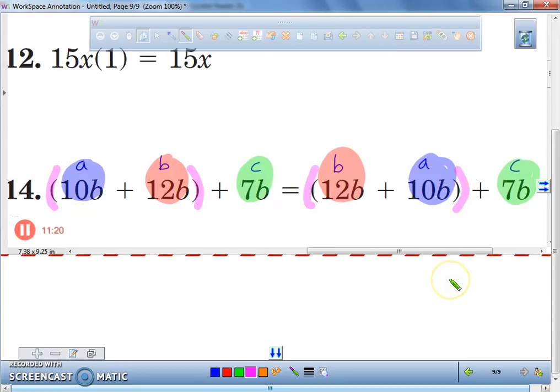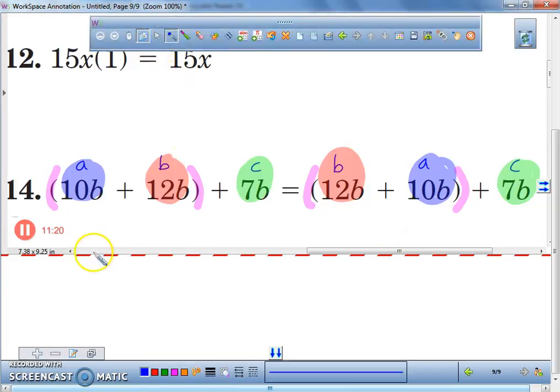What stayed the same? C stayed the same. What else? The parentheses also stayed the same. The parentheses, they didn't move. They stayed the same. However, look what happened. We had A plus B, and then we had B plus A.